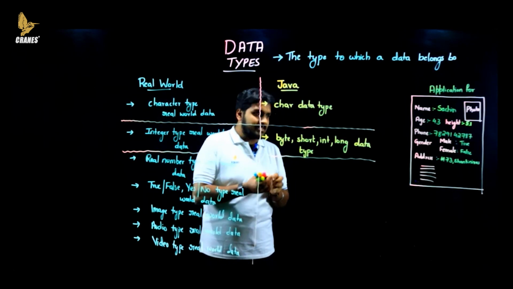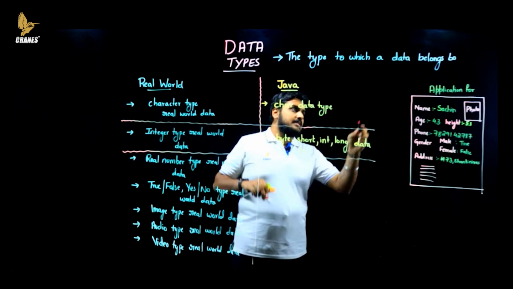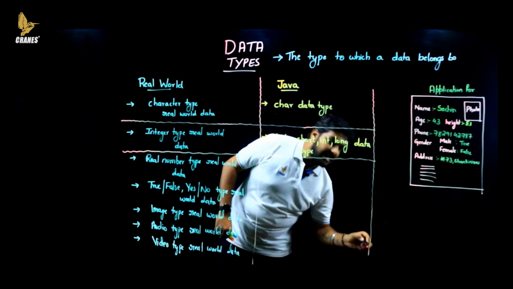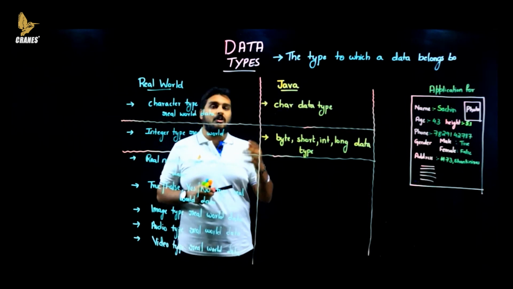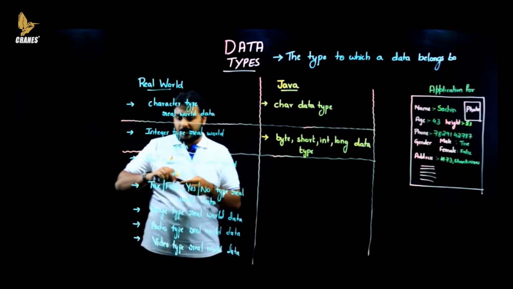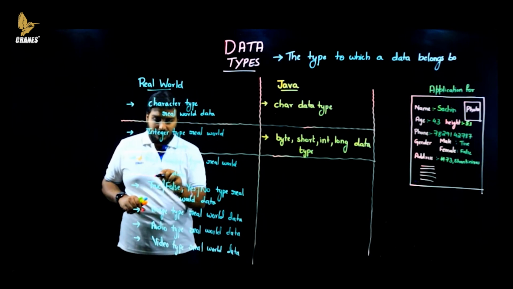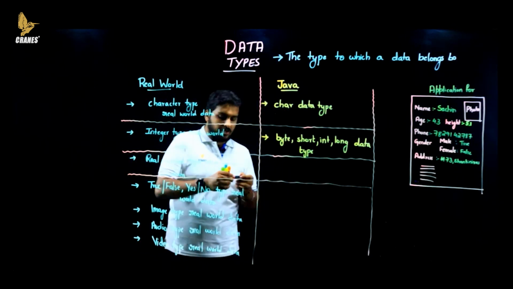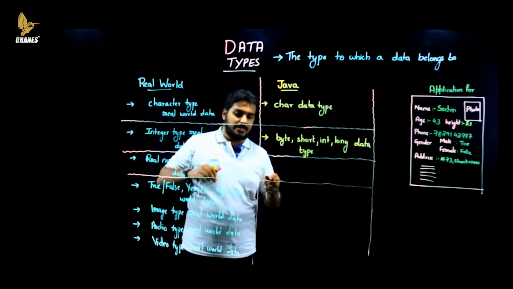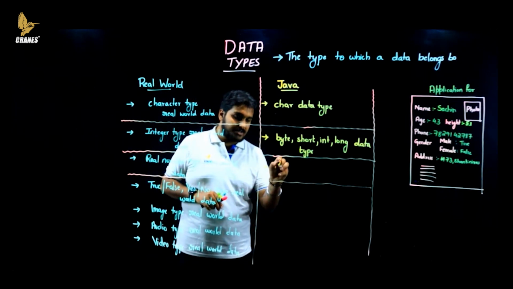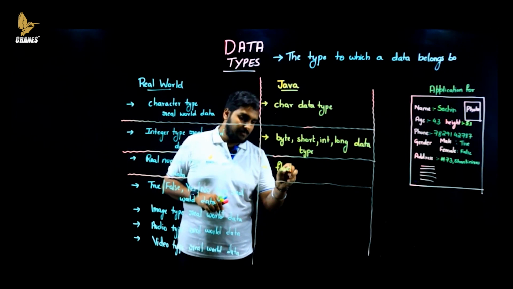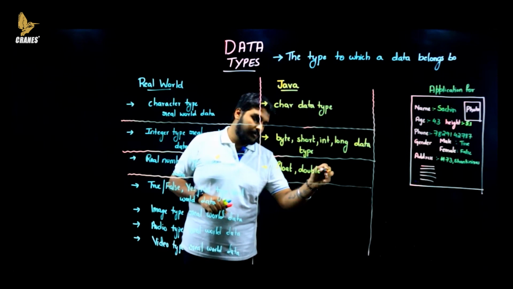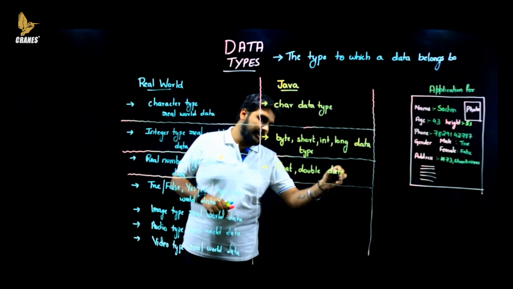These are the various different data types that Java provides in order to facilitate the representation of these. Next, for real number type real world data, what does Java provide? In order to represent real number type real world data, Java provides float and double data type.